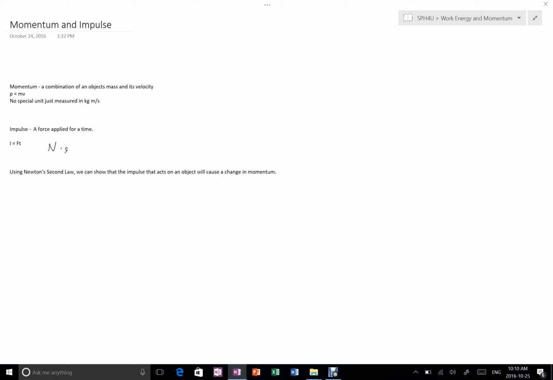So using Newton's second law, let's show that impulse is the change in momentum. Newton's second law says F equals ma.